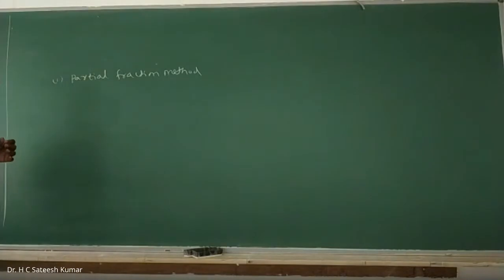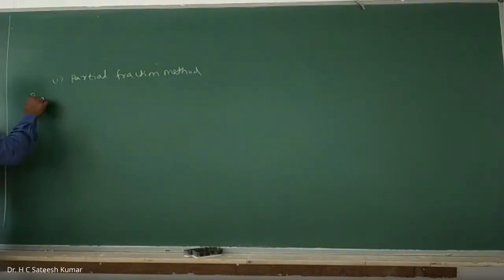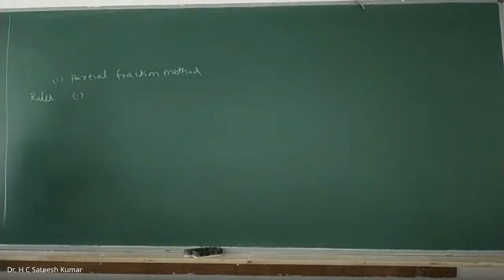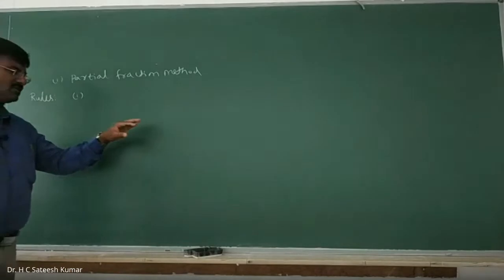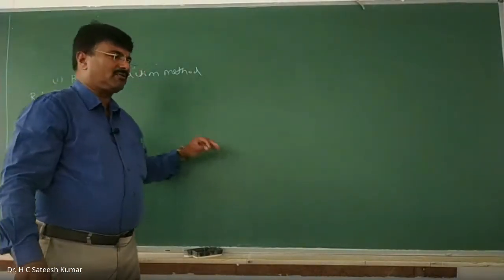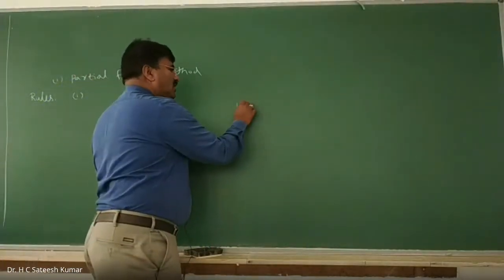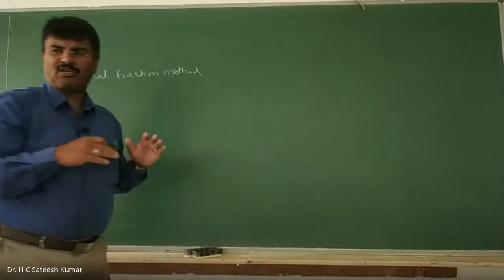In this, we have some rules to obtain it. So the first one: we all know that for a right-handed sequence, the ROC extends away from the outermost pole.